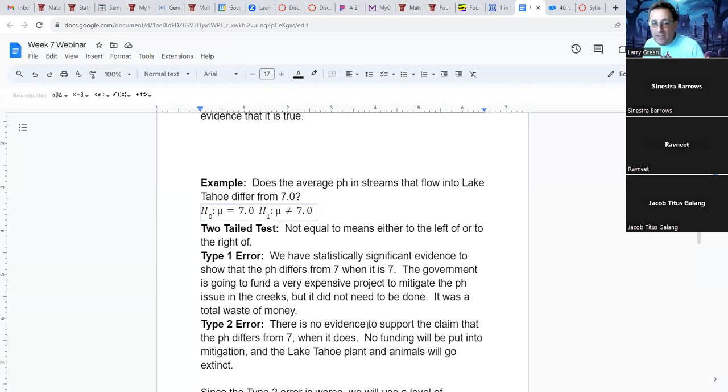So no funding is going to be put into the mitigation. But unfortunately, the pH really wasn't 7, and the Lake Tahoe plants and animals are going to go extinct. We're going to destroy our lake. It's going to be terrible. So which do you think is worse, a type 1 or a type 2 error in this case?